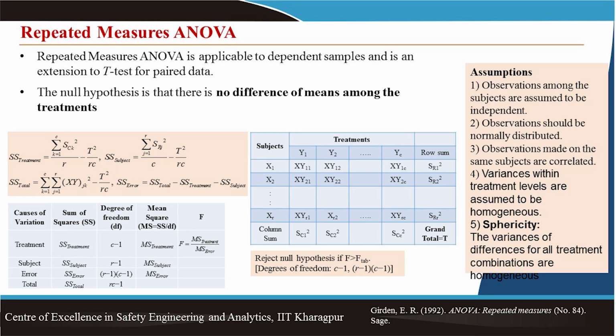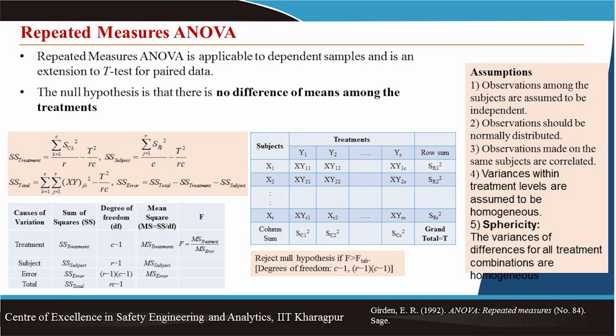So, MS treatment is SS treatment by C minus 1, MS subject is SS subject by R minus 1, and MS error is SS error by R minus 1 into C minus 1. Here we are interested to know whether the treatment effects are significant or not. So, as a result, we create it; it is a parametric one.